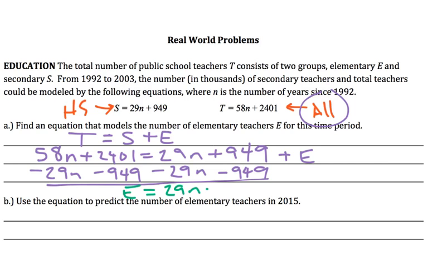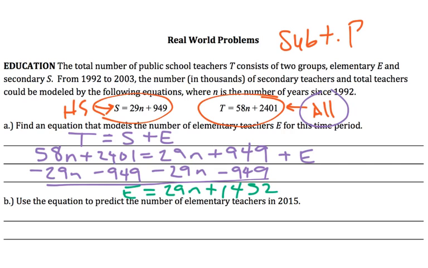Plus 1,452. So this is the equation that models the number of elementary school teachers. What we ended up doing was we took the total and subtracted this, so even though it might not seem like it, you are subtracting and adding polynomials. That's why they're having you do that.